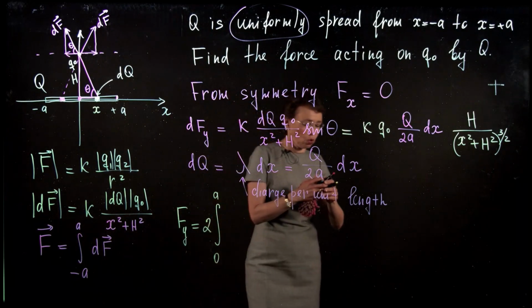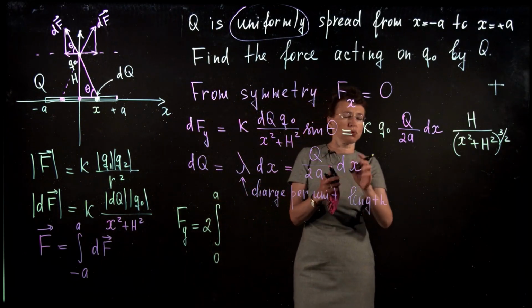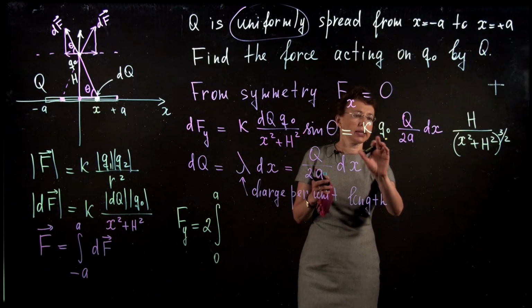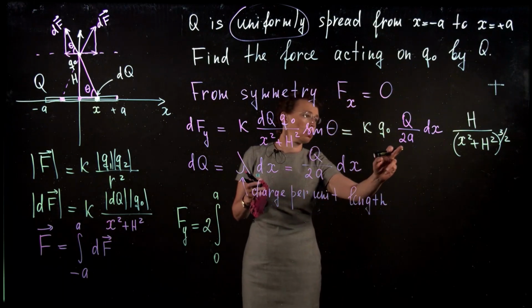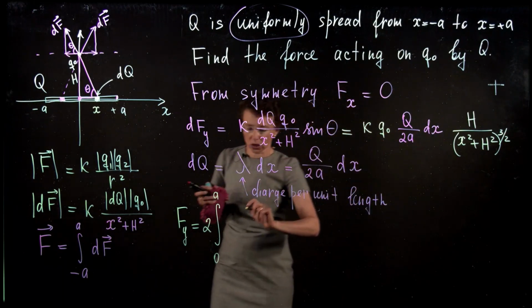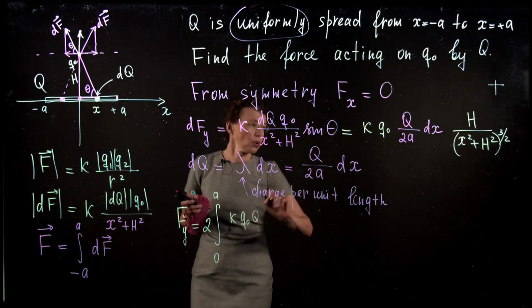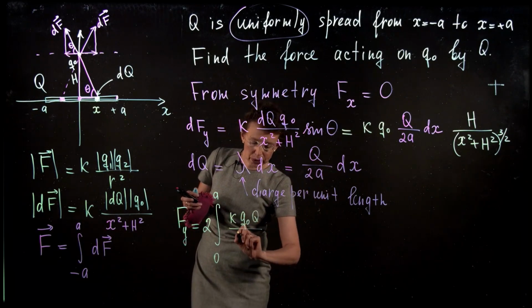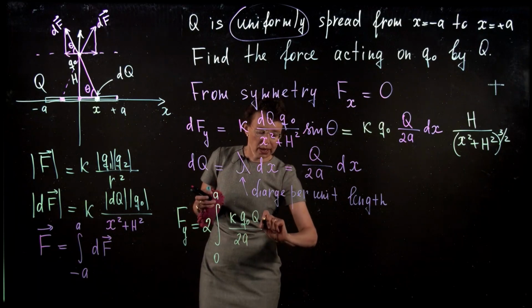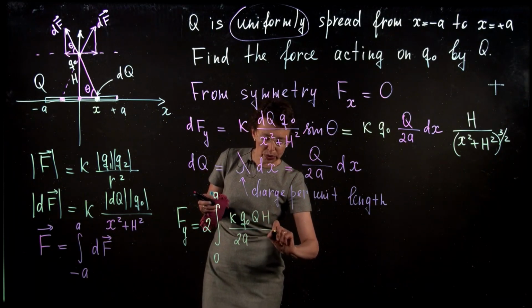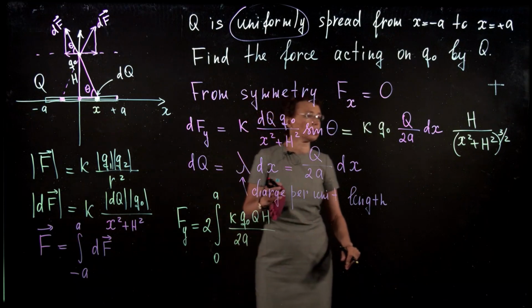Then I will write all constants first. So I have k q naught q over 2a and h. Those are constants. I can bring them out of the integral.